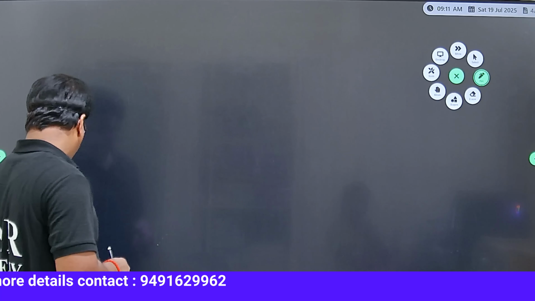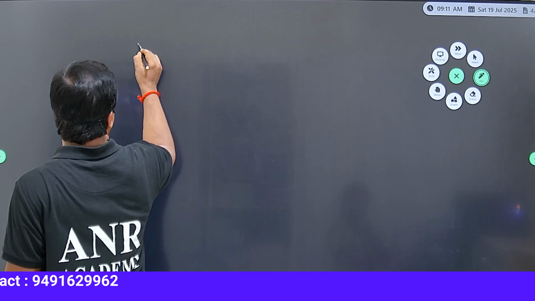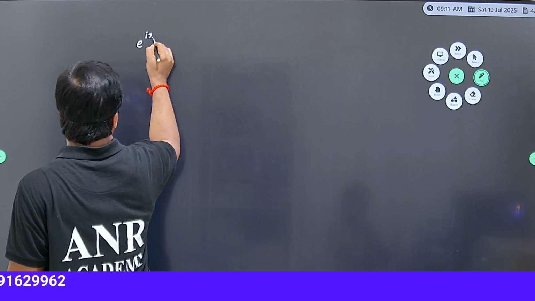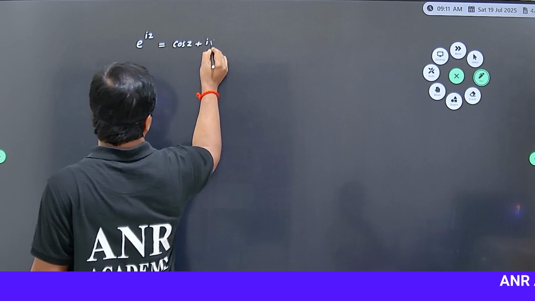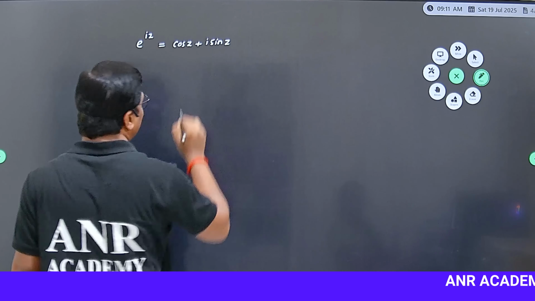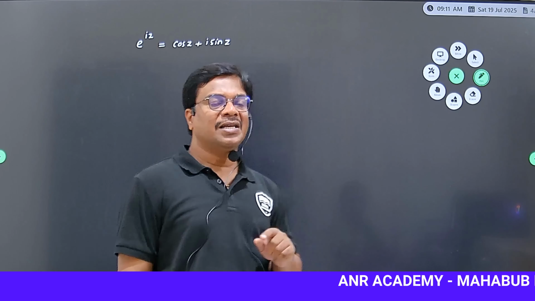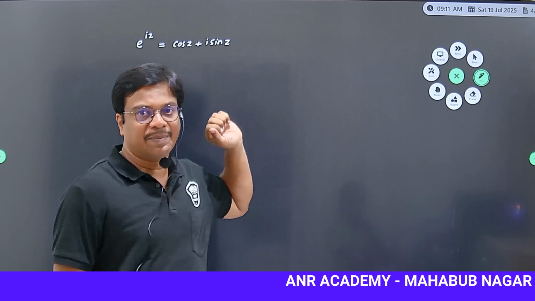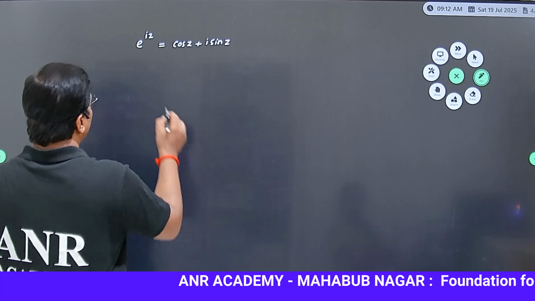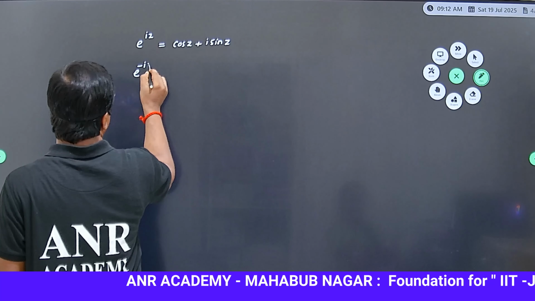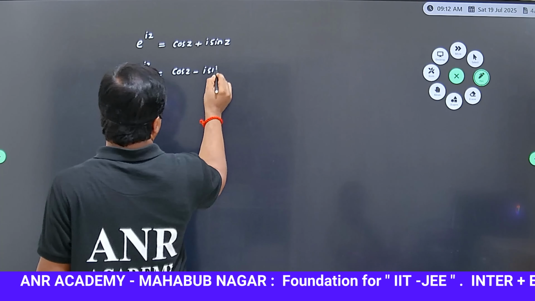See the connectivity. We know that e power iz can be written as cos z plus i sin z. By the definition of the Euler form of a complex number, e power i theta is written as cos theta plus i sin theta. I am going to write e power iz, next e power minus iz, that is cos z minus i sin z.